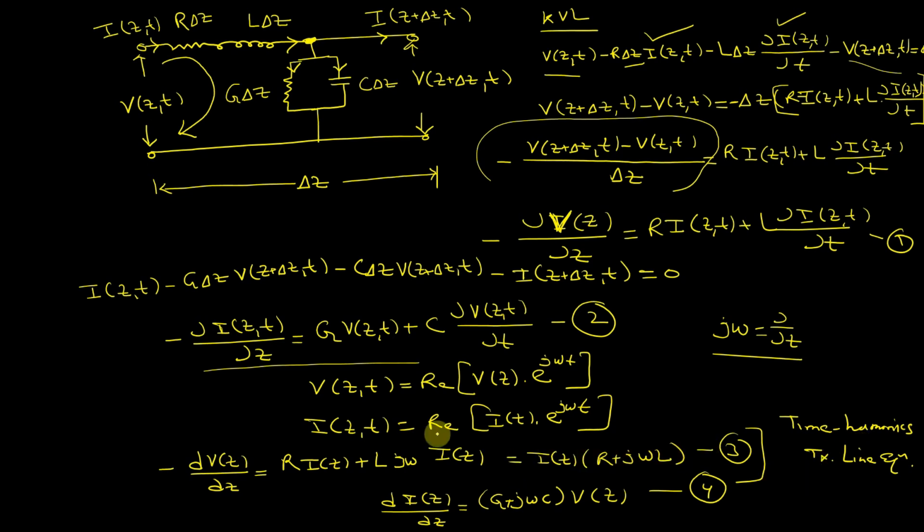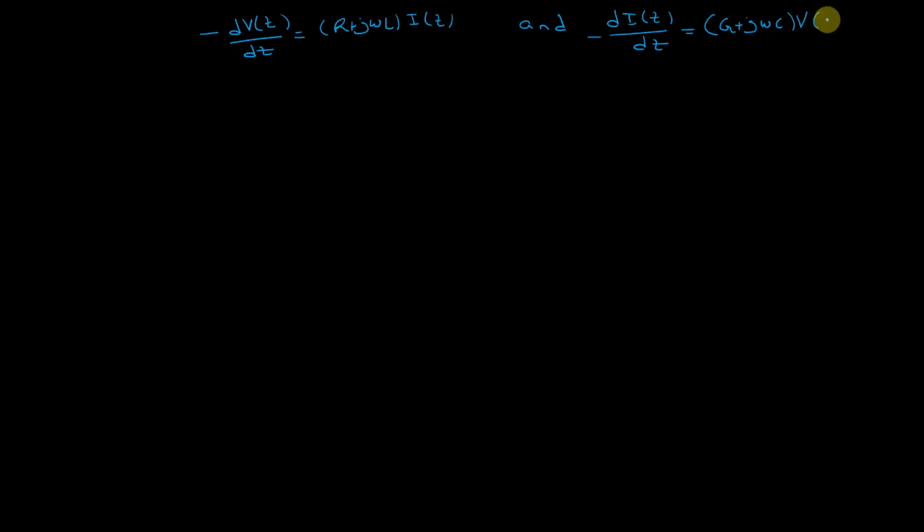Taking equation 3 on another page, we have derived two equations: dV(z) by dz is equal to R plus j omega L times I(z), and dI(z) by dz is equal to G plus j omega C times V(z). So these are the two equations.